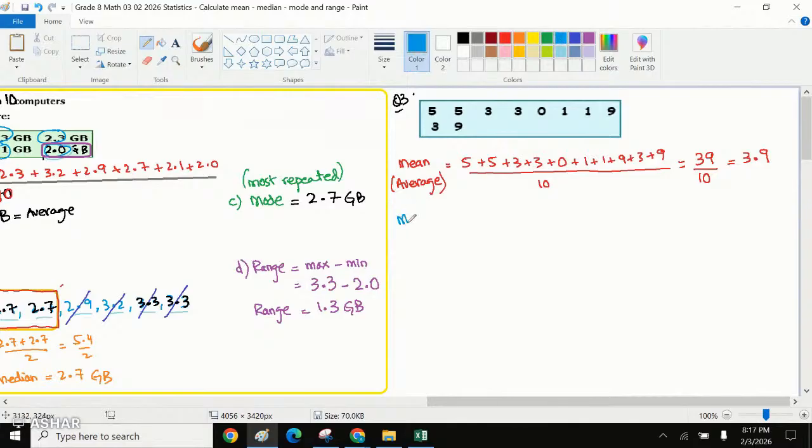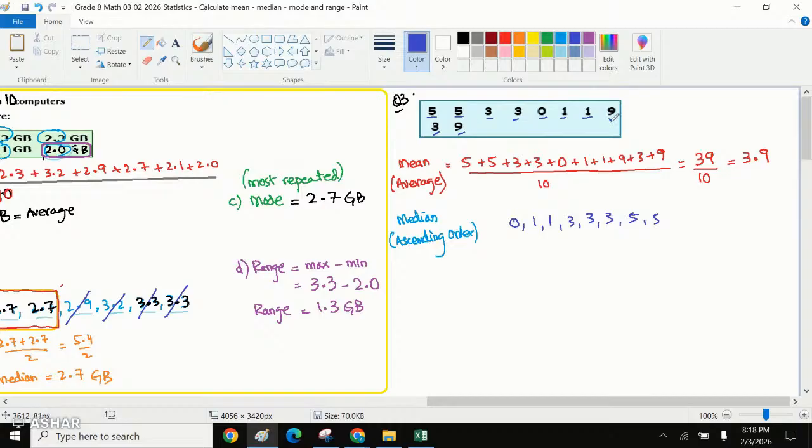Median. For median, we arrange in ascending order, that means from smaller to the larger value. So can we arrange the numbers? 0 is the smallest. Then we have 1 and 1. Then we have 3, 3, 3, 3 times 3. When I said 3 times 3, we also know that 3 is repeated the maximum number of times, right? After 3, we can have 5 twice.